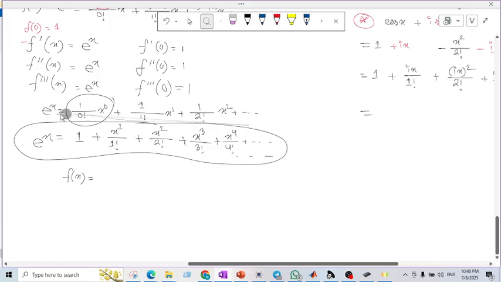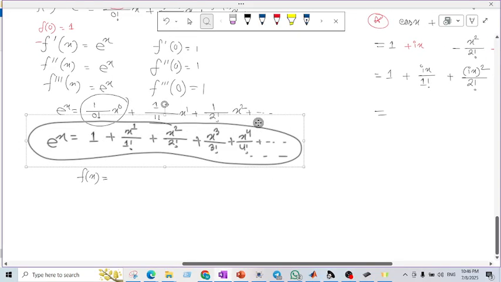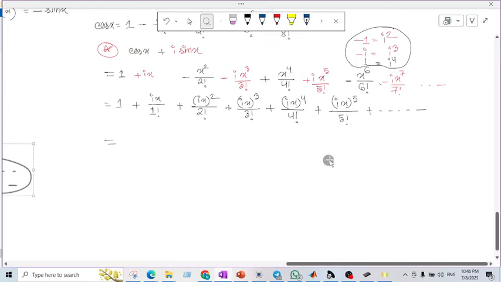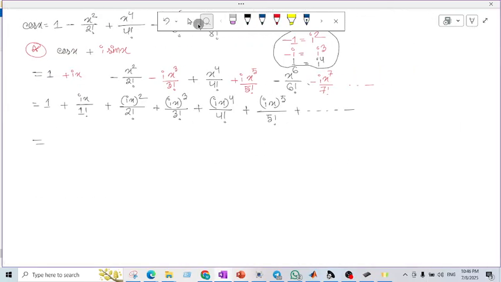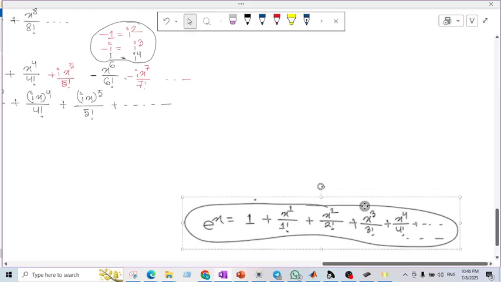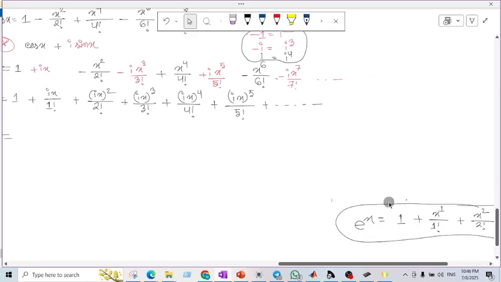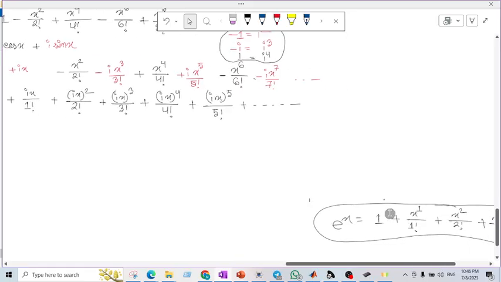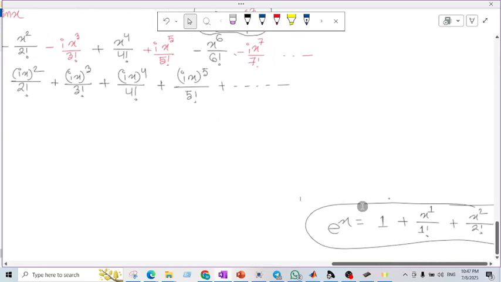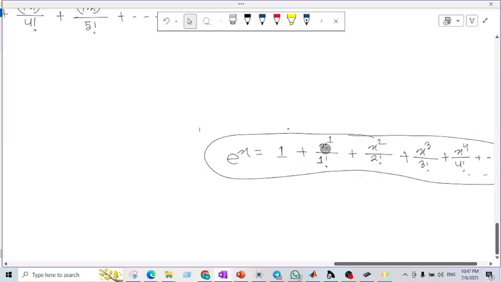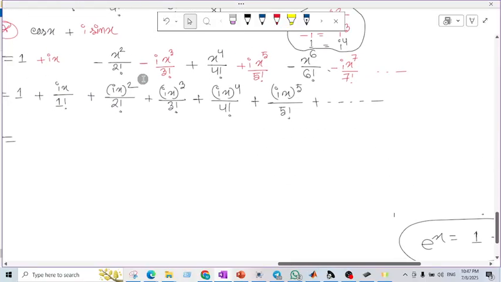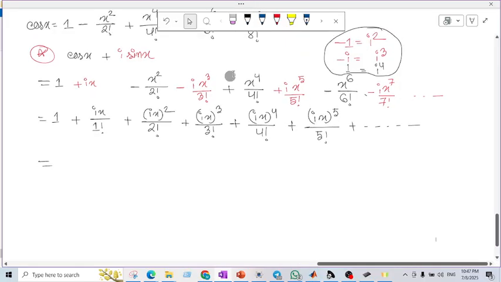Let me copy this here. So this is e to the power x.